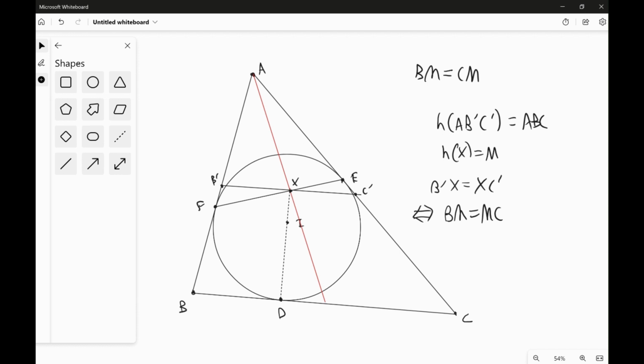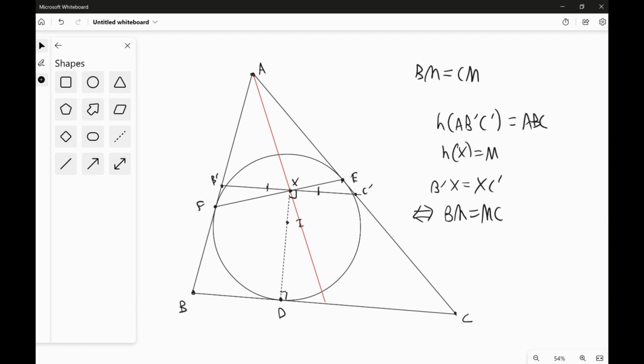Well, first of all, suppose that this were true. Suppose that B'X was equal to XC'. Then we have this right angle here because of the parallel lines, because this angle here is a right angle as well. So we know that DX is a perpendicular bisector of B'C'.